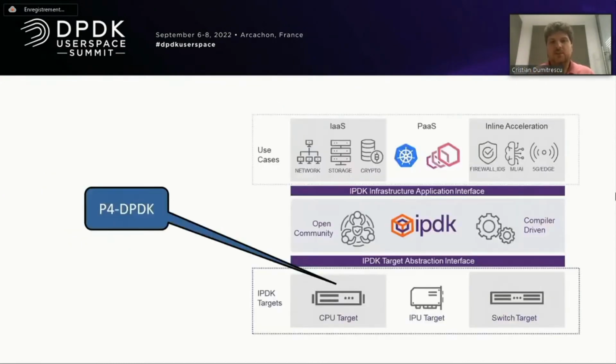So I just mentioned this project called IPDK. IPDK stands for Infrastructure Processor Development Kit. It is an open source project, a framework rather, that allows managing the infrastructure offload, basically enabling multiple targets under the hood: multi-core CPUs, IPUs and DPUs, and also programmable switches.